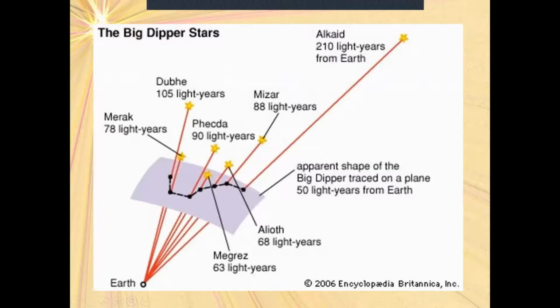That one is 90 light years away. Alkaid is 210 light years away from Earth. So what you're seeing is perspective, right? As we look from our position in space, these stars appear to line up in the sky to form a picture in our mind. But keep in mind that they're not all the same distance away.